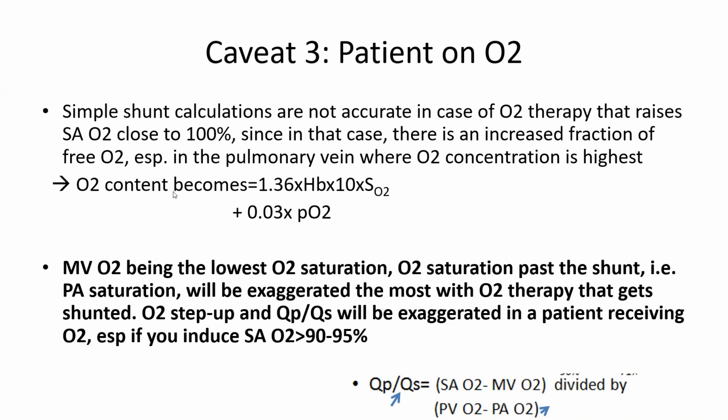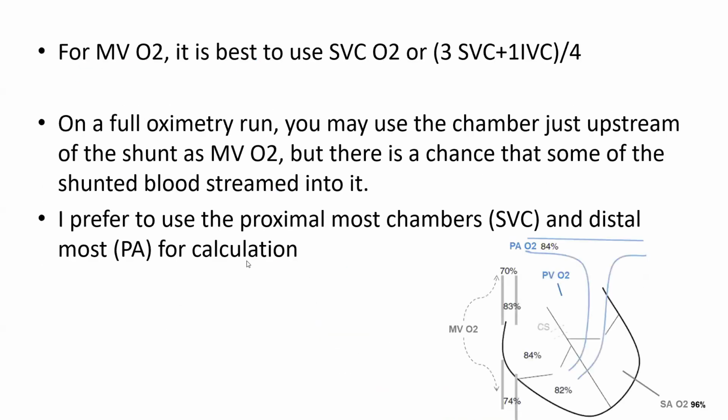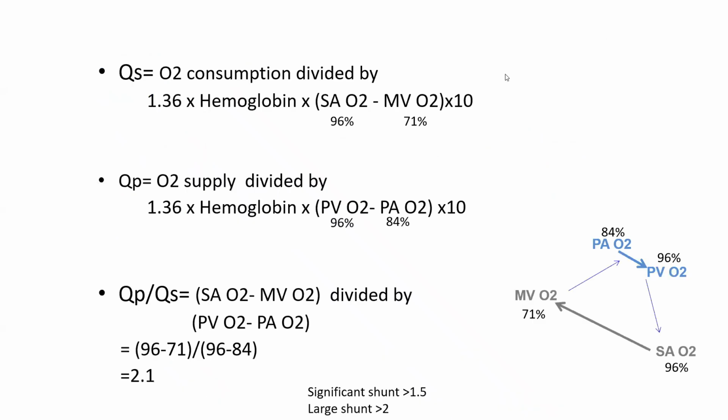So actually, oxygen content is no longer just 1.36 times hemoglobin times saturation of oxygen in the particular chamber. You have to add the fraction of the dissolved oxygen in the plasma. So the calculation becomes more complex. You need to use the true Fick equation, which integrates here.